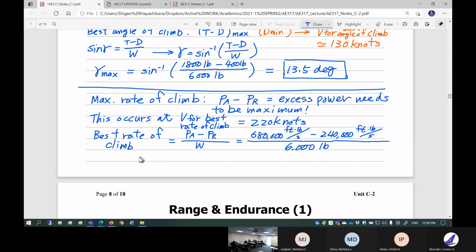So for the best rate of climb you get 73.3 feet per second. This is actually 4,400 feet per minute.